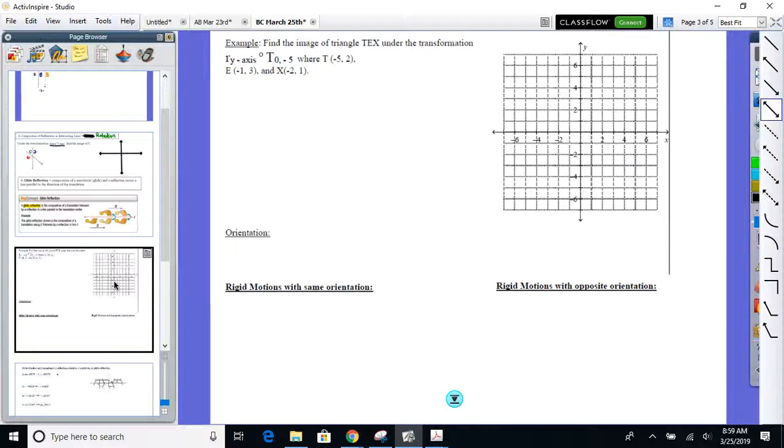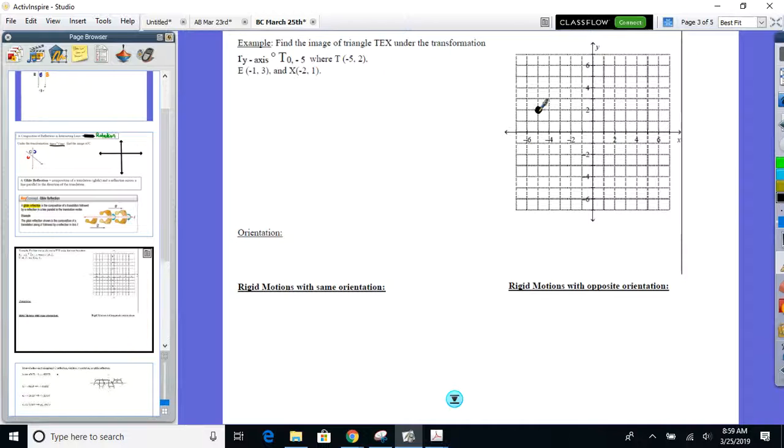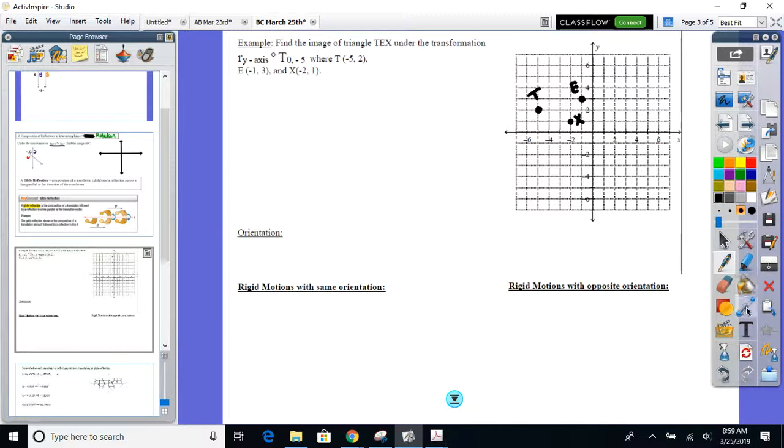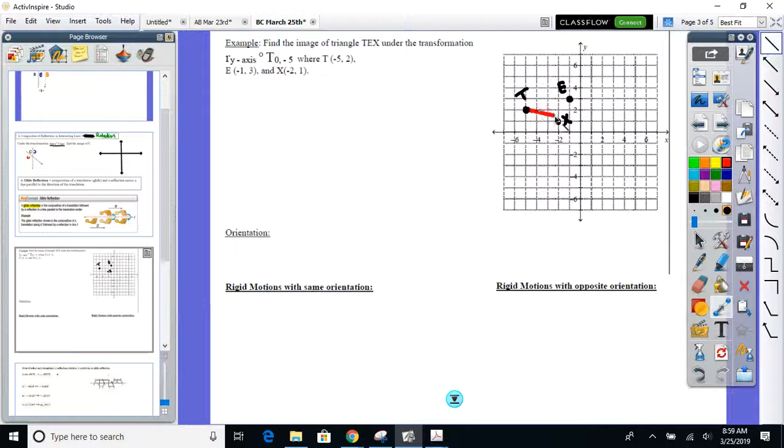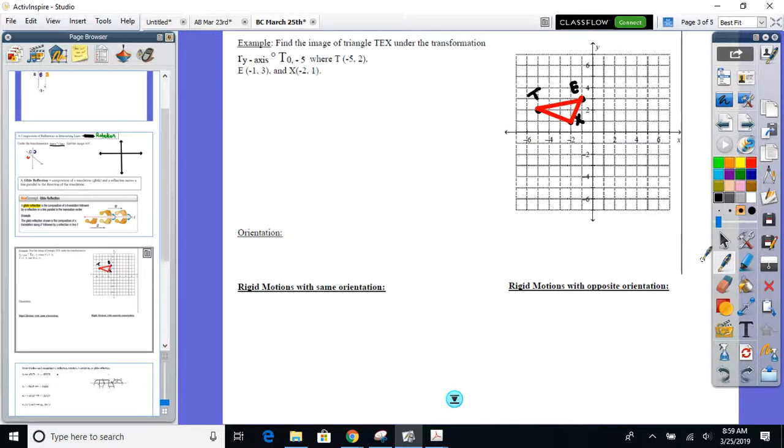All right, now let's actually try a full scale composition. So I have this triangle TEX. Go ahead, you can graph TEX.